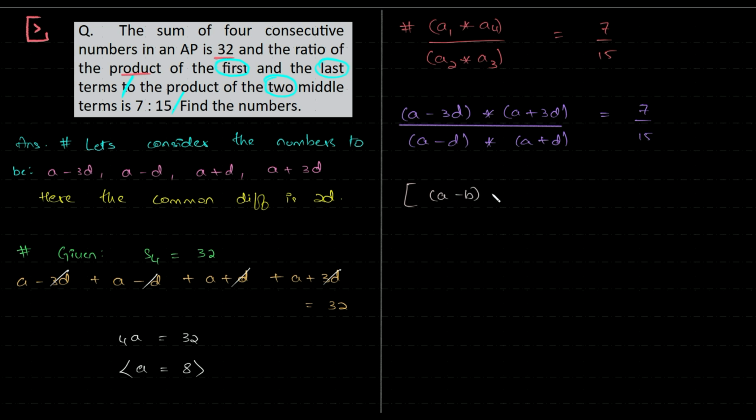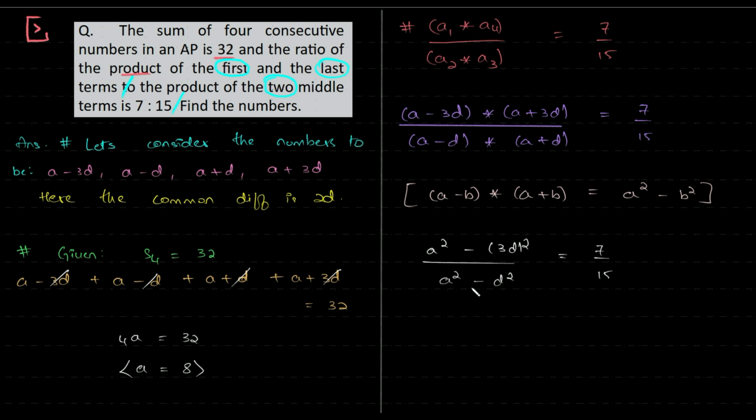It's a minus b into a plus b, which is equal to a square minus b square. So the numerator is a square minus 3d the whole square, divided by a square minus d square, and the ratio is equal to 7/15.